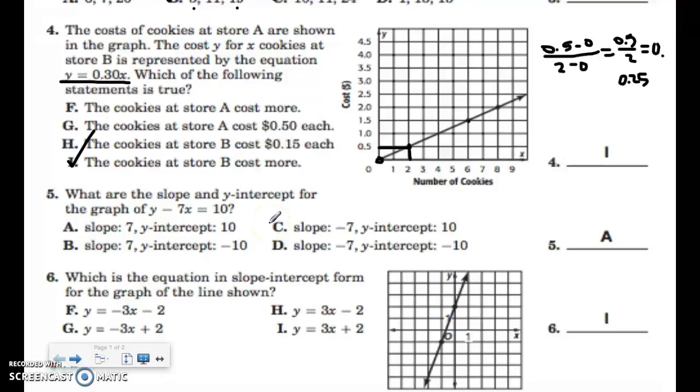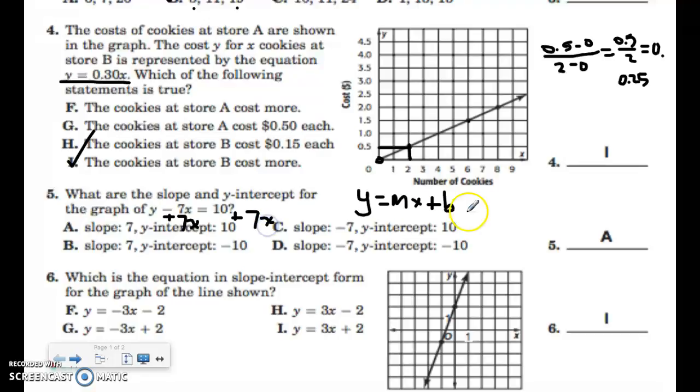Number 5. What are the slope and y-intercept for this graph? Okay, we did an example like this yesterday. It needs to look like slope-intercept form. Right now it doesn't. y equals mx plus b. Right now it doesn't. I need to add 7x to get it to the other side so that it does look like slope-intercept form.